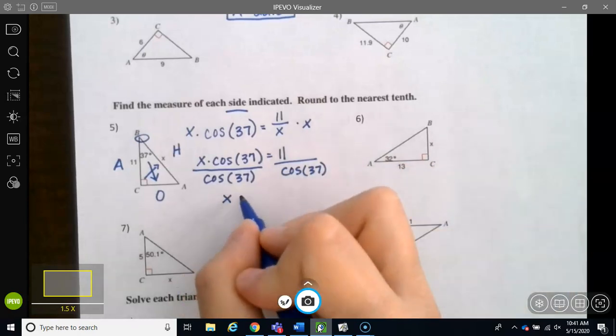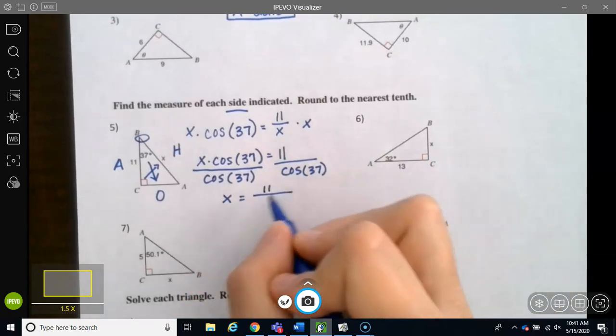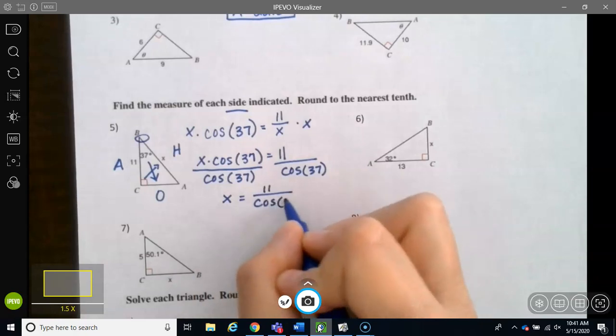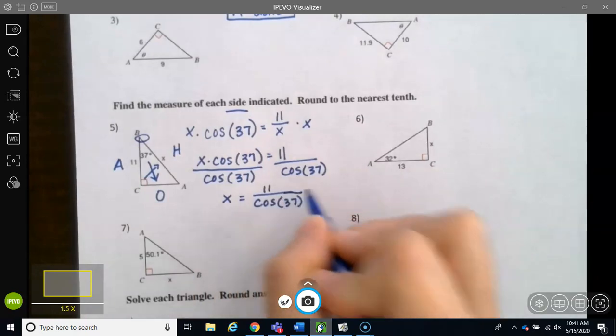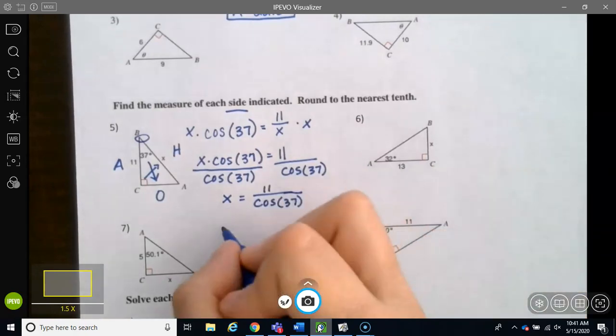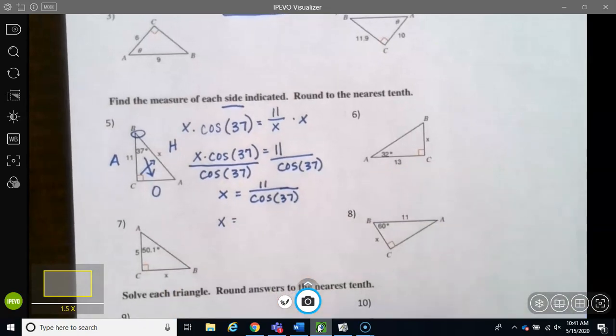So we get x is equal to 11 over cosine of 37. That's what we're going to have to type into our calculator. So we're going to have to type in 11 divided by cosine of 37.